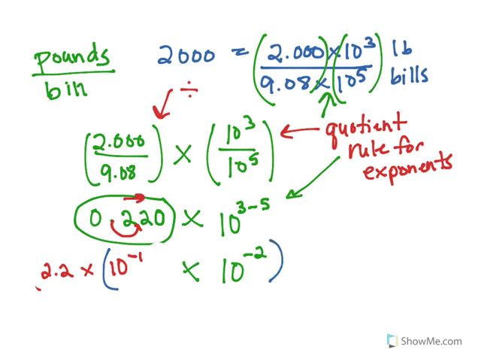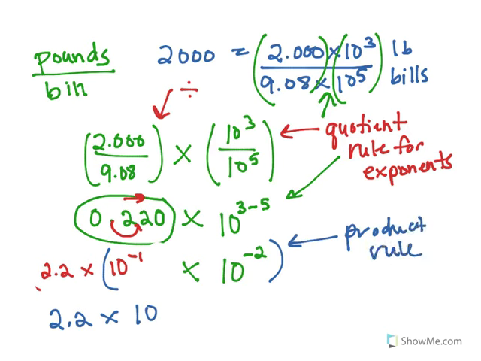And we're going to rewrite this number as 2.2 times 10 to the power of, remember here we're using the product rule of exponents, so that means we add the exponents, so we have negative 1 plus negative 2, which is the same as negative 3.